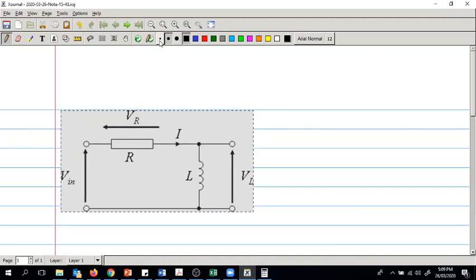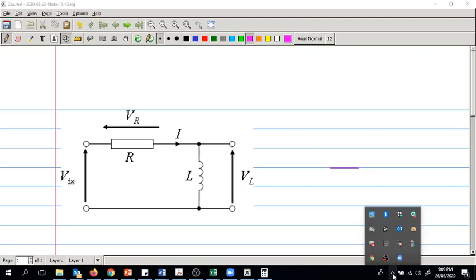That makes my life much easier. Let's use some color, maybe purple, to represent the current. Oops, looks like there is something wrong. Okay, so that's it.